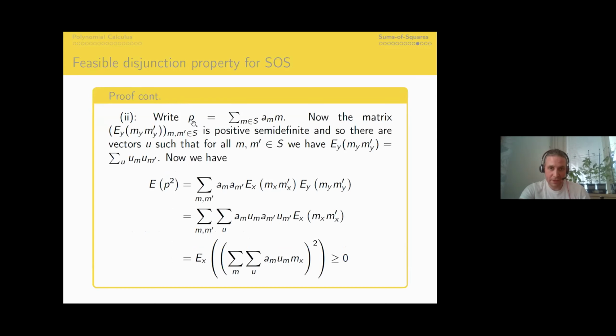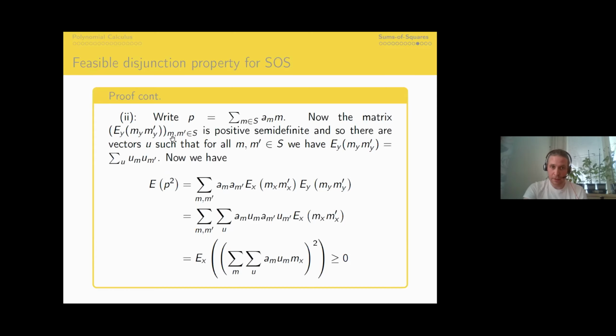Write this P as a sum of coefficients times the monomials in S, and consider this matrix of the values that the E of y gives to these cross terms of these projections of elements from S.